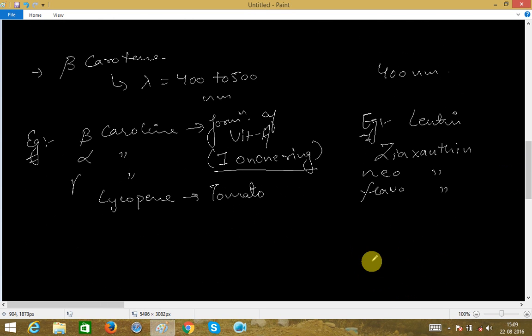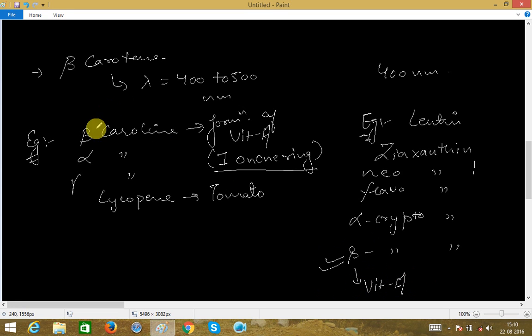And then there could be alpha cryptoxanthin and beta cryptoxanthin. Now, in case of these xanthophylls, the only xanthophyll which will possess an ionone ring is going to be the beta cryptoxanthin.